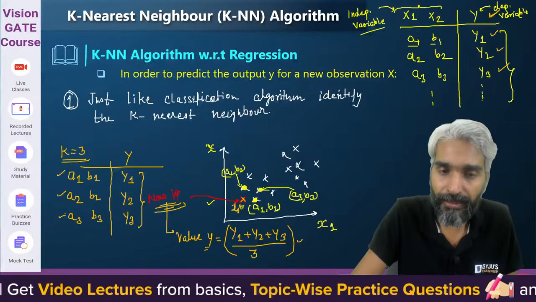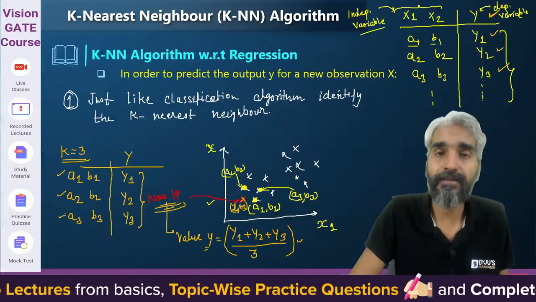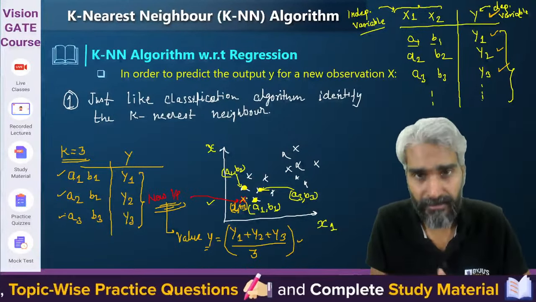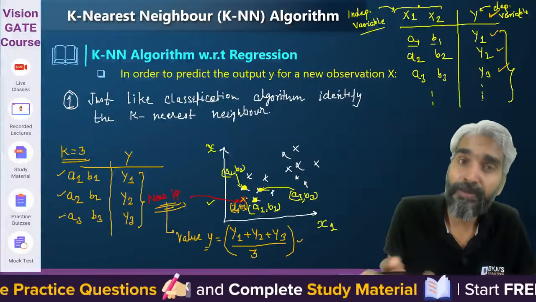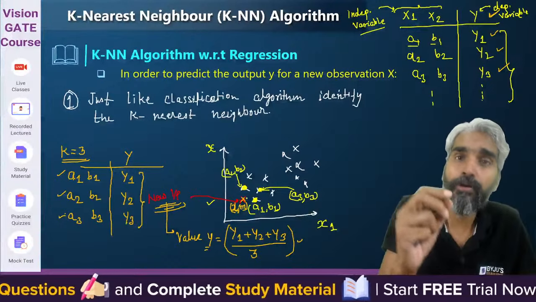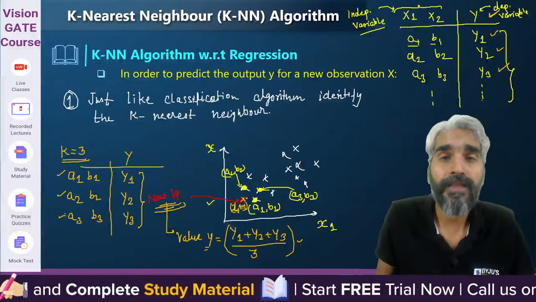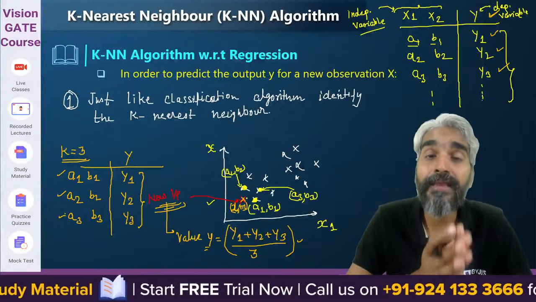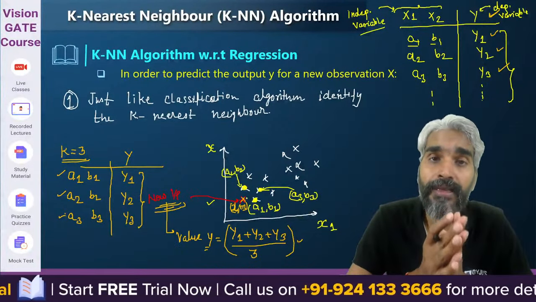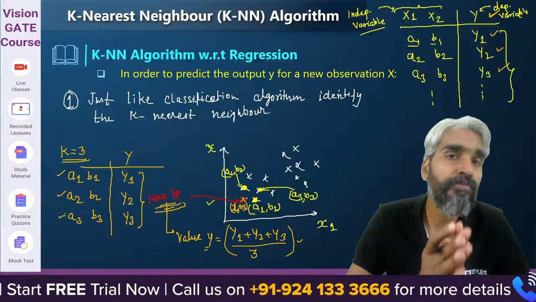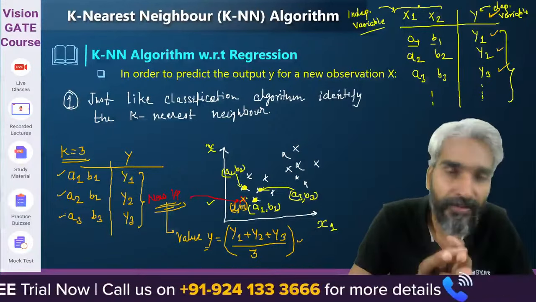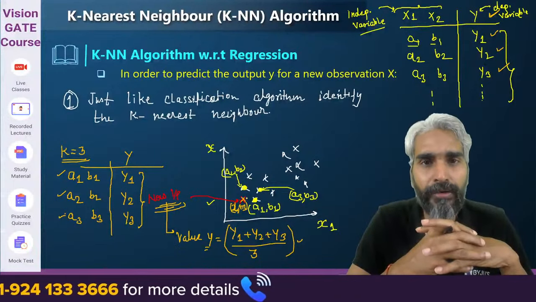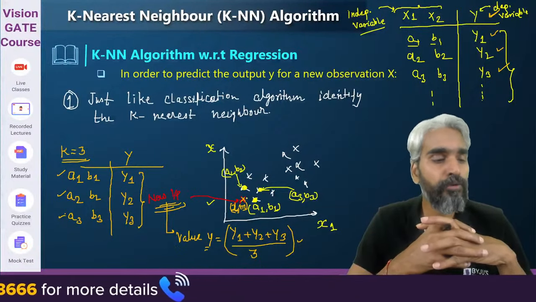If I give a new point L comma m, then with respect to this new point we will identify the three closest neighbors. With respect to those three closest neighbors, we will already know the value of the dependent variable. We will just take the mean of the values of the dependent variable corresponding to those k data points, and it will be the predicted value for the new data point.